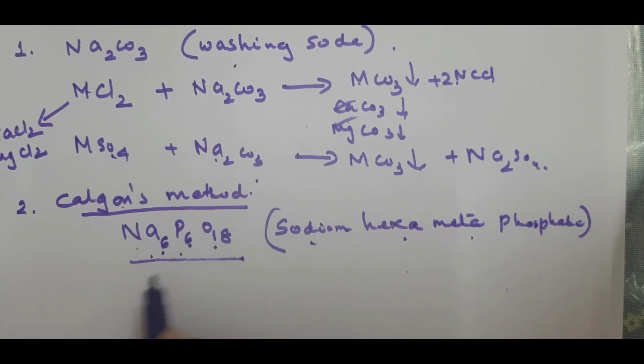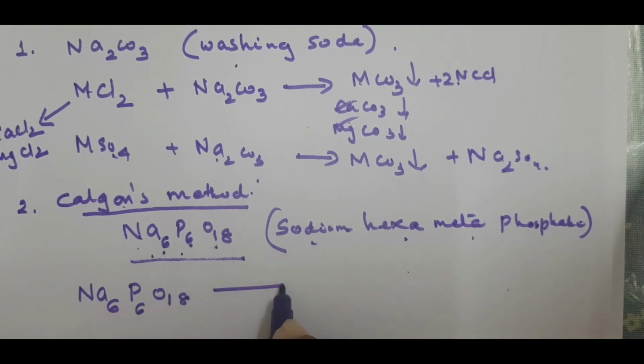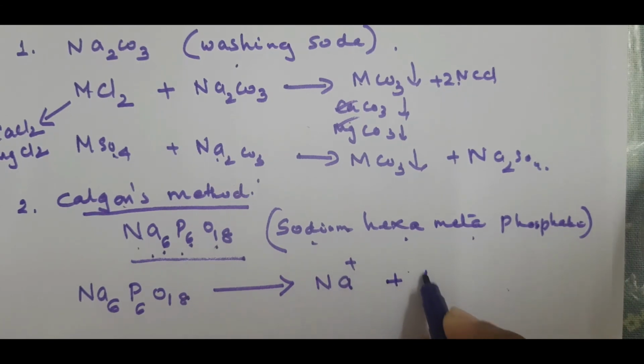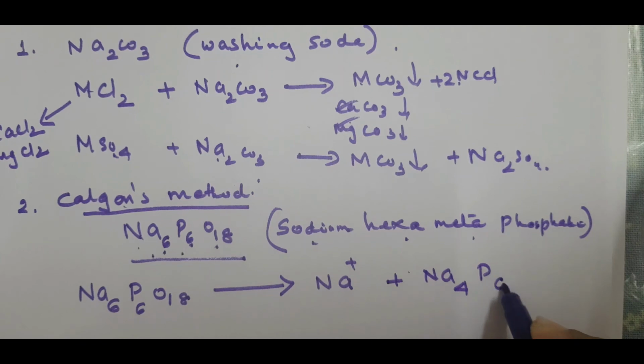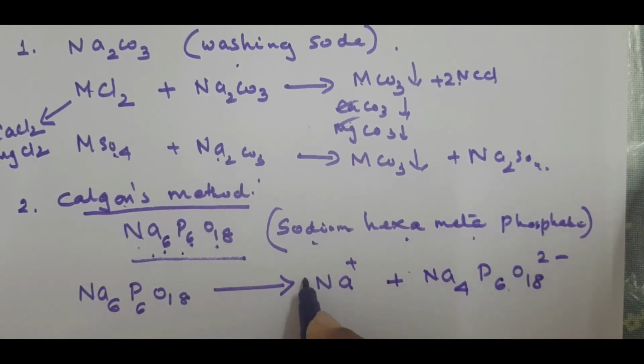First of all, before reacting with hard water, the sodium hexametaphosphate, Na6P6O18, will undergo ionization to form 2 Na plus and Na4P6O18 2 minus. See, 2 sodium atoms get removed as 2 Na plus, and the rest is Na4P6O18.